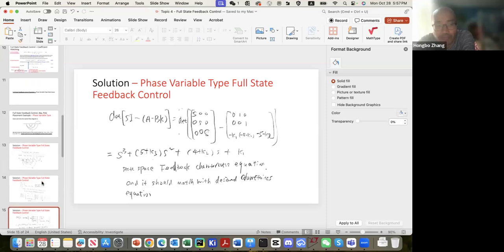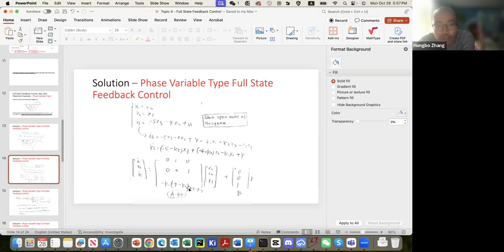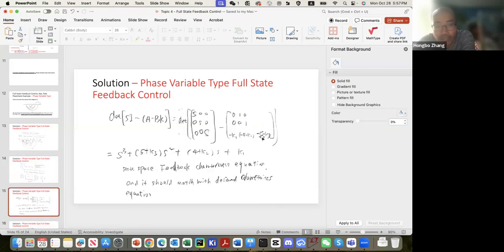See, the last row is the non-zero term. This is called phase variable. If phase variable, there's a shortcut like this. If not phase variable, it's hard, so you just have to calculate the determinant. Anyway, if you're able to calculate the determinant, you're good.